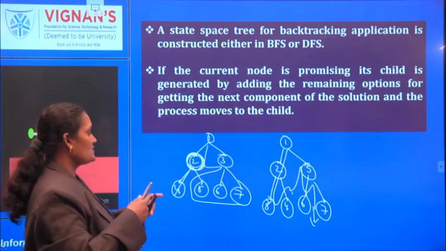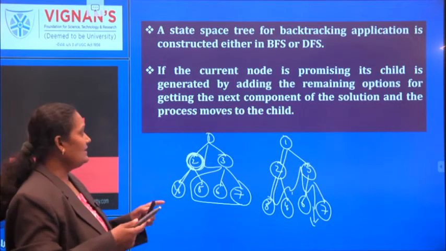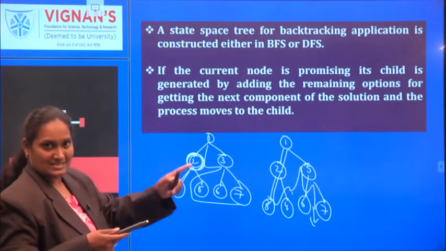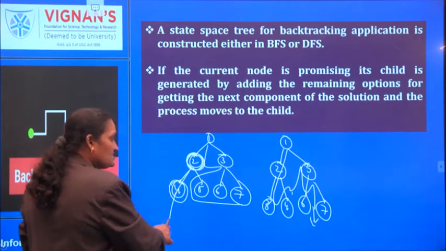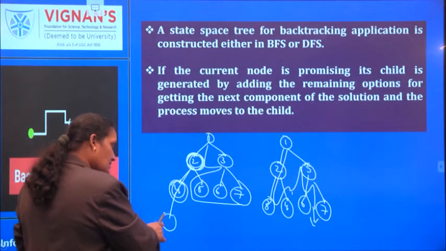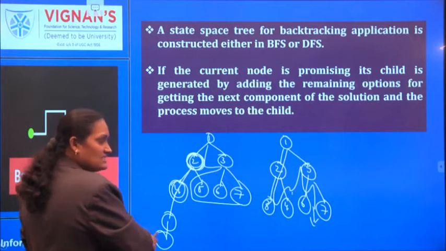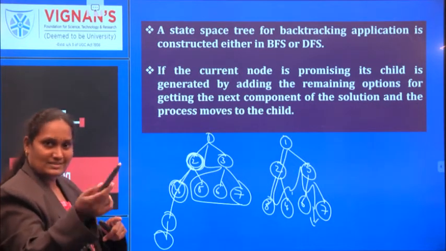And this process continues. Suppose if the child is also promising, its child will be generated. If that is also promising, its child will be generated. The process continues till you get the solution.